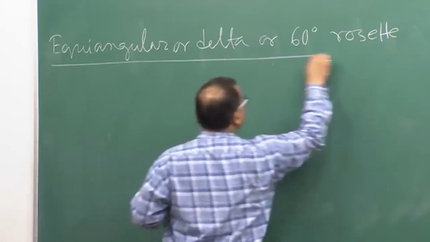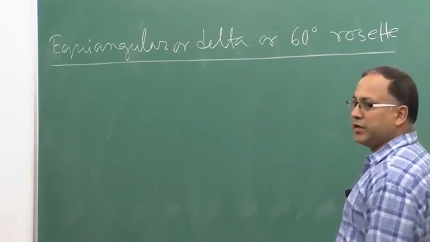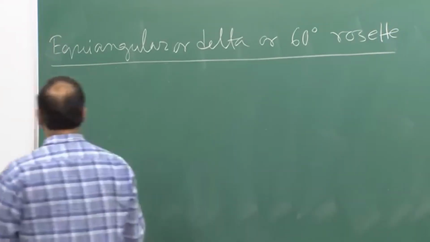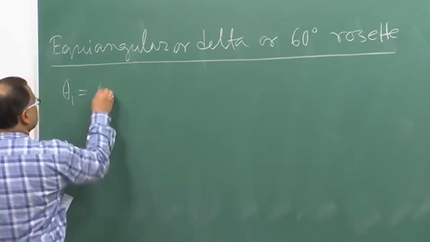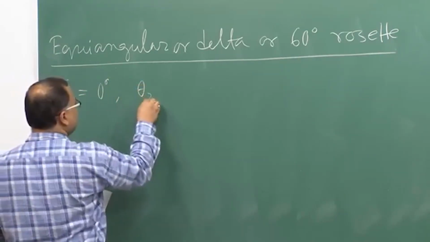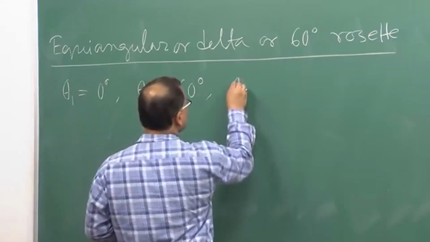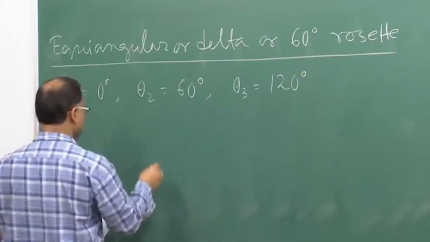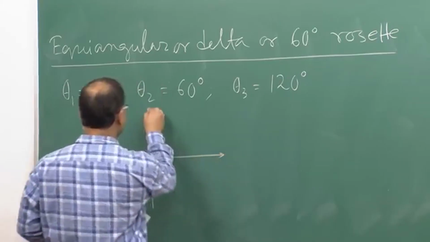In literature it is mentioned as equiangular or delta or say 60° strain rosette. Okay. So, here what we do, we choose the value of theta 1 as 0°, theta 2 as 60° and theta 3 as 120°. So, what we get, this is my xy plane.